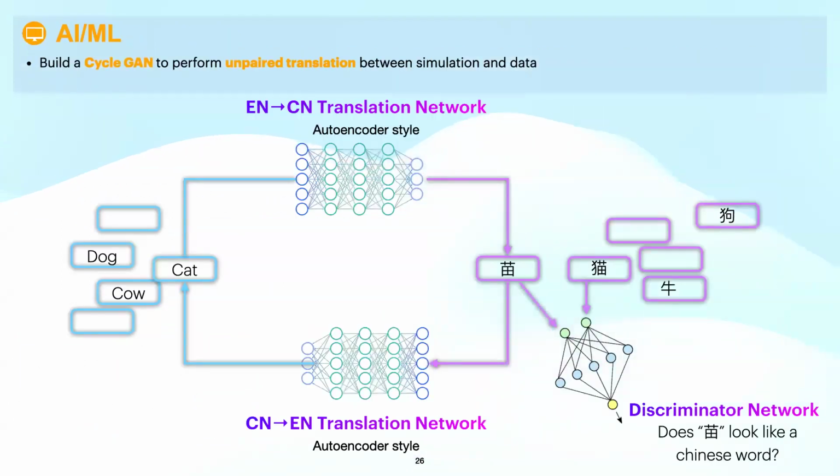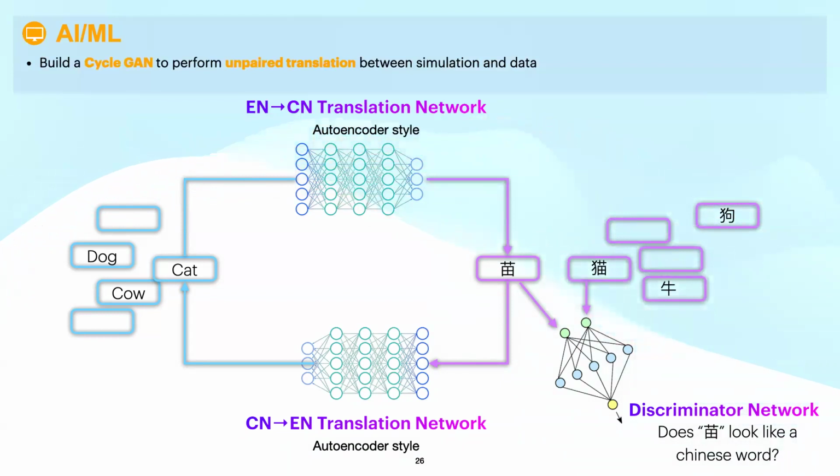So the idea is building two sets of translation networks. The first set of translation network can just be an autoencoder style, where it takes input and output at the same dimension. The first network tries to translate English to Chinese, taking the word cat and translating it to something like this.